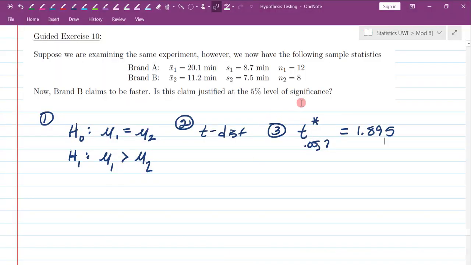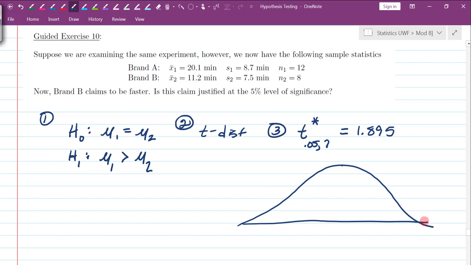So now we want to take and draw a picture of what's being represented. So our standard normal curve, mu in the center. It's a right tail test, 1.895. Here's our fail to reject. And then over here, we're going to put alpha right in here, which is 0.05.